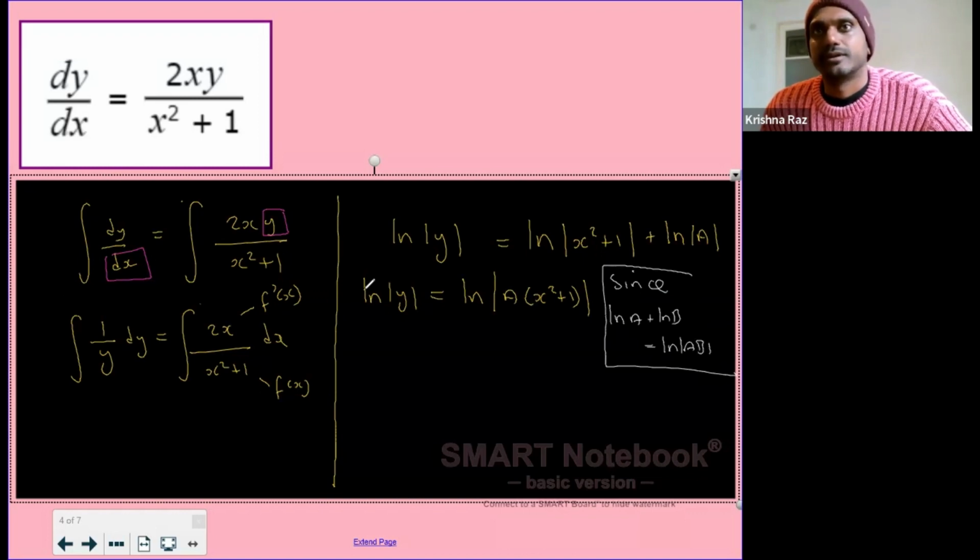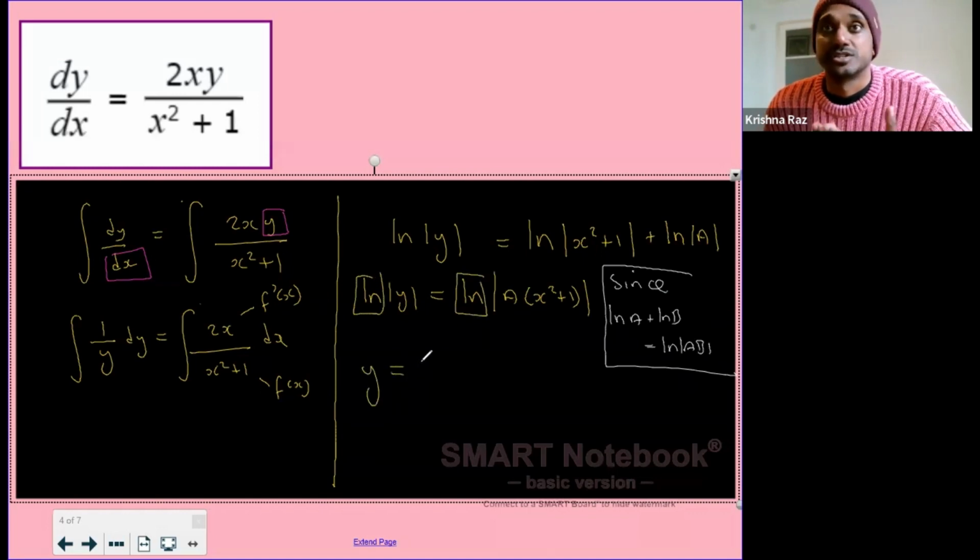And now, since we collapsed it, we don't need the lns anymore. They will cancel, so y will be a times x squared plus 1.